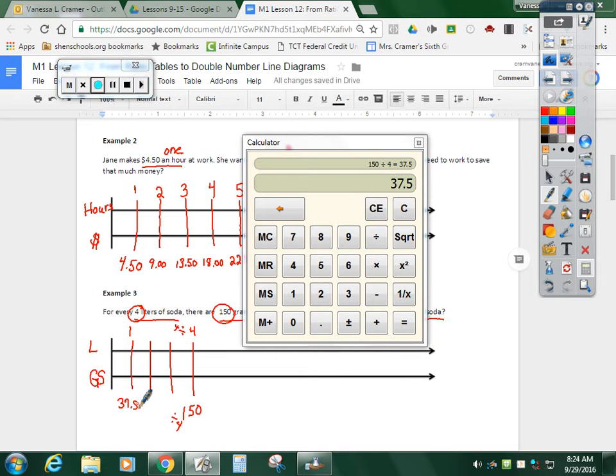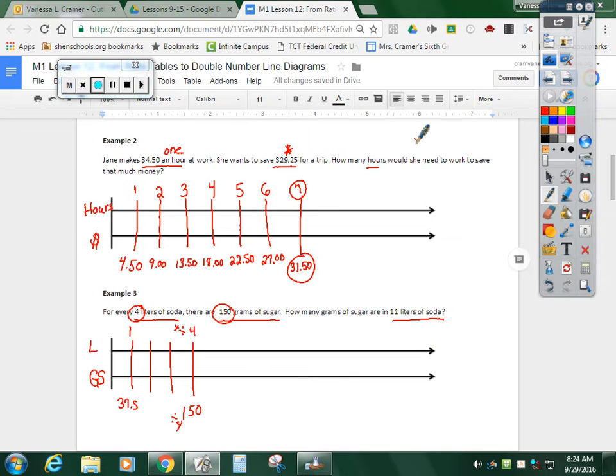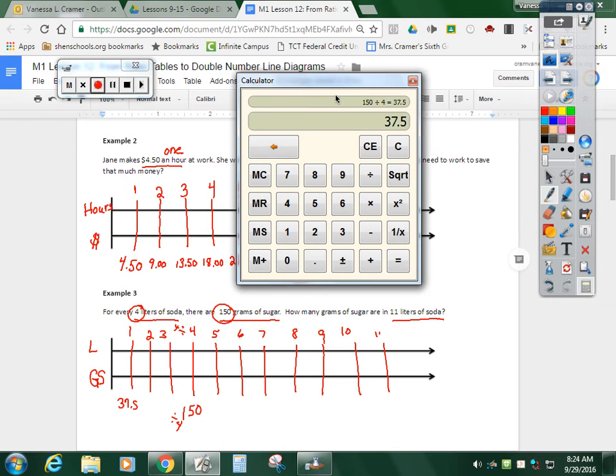That's a lot. Okay, so now we want to go all the way down to 11. So 1, 2, 3, 4, 5, 6, 7, 8, 9, 10, 11. Okay, and we're going to go all the way down, skip counting, by 37.5.